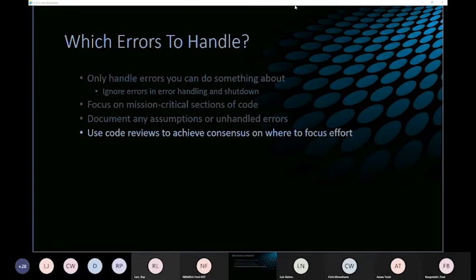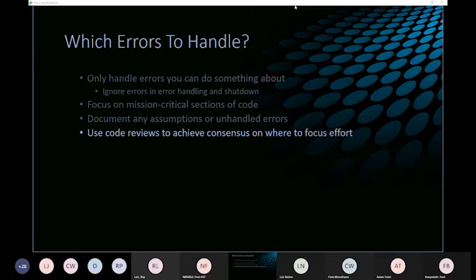You want to use code reviews, right? That's going to help you reach consensus about where to focus your effort on developing your error handling strategy. I've worked with customers and talked to their teams where they will have meetings for half a day where there are heated discussions about what is an error and what is not an error, what should be an error.